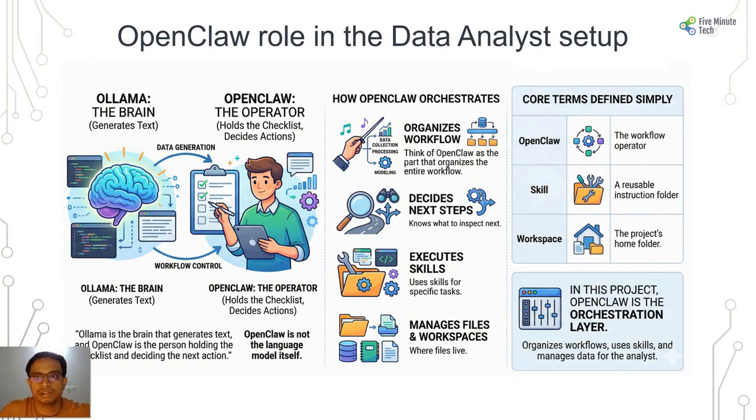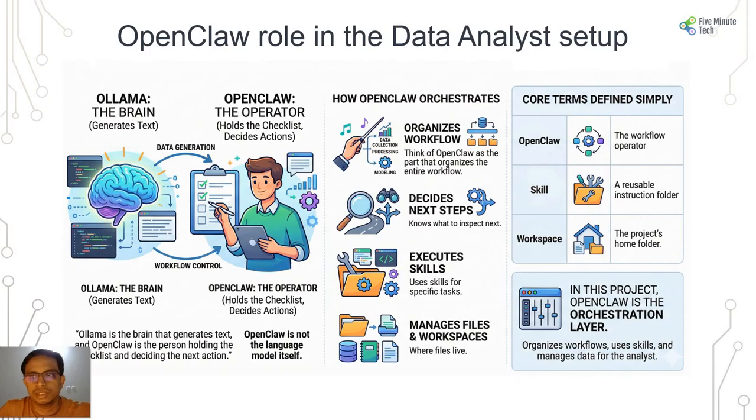Now OpenClaw orchestrates by organizing the workflow. It organizes a list of items that it has to perform, deciding the next step, and these are all things you can provide as an instruction, and then it executes a specific skill set which you have provided. We will be walking through that, and it manages files and workspaces for further exploration and debugging as well.